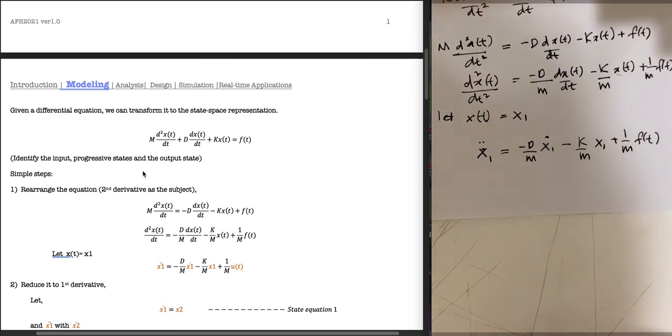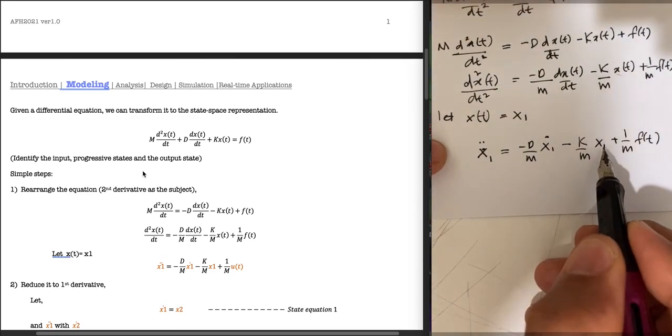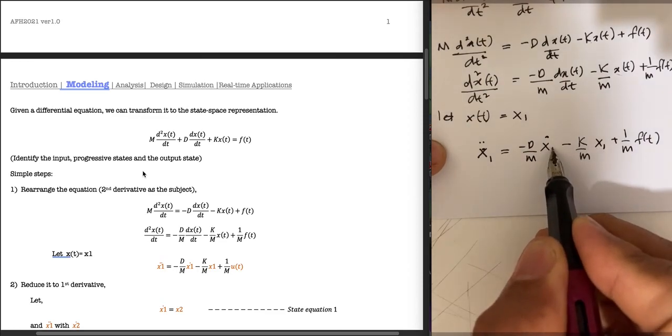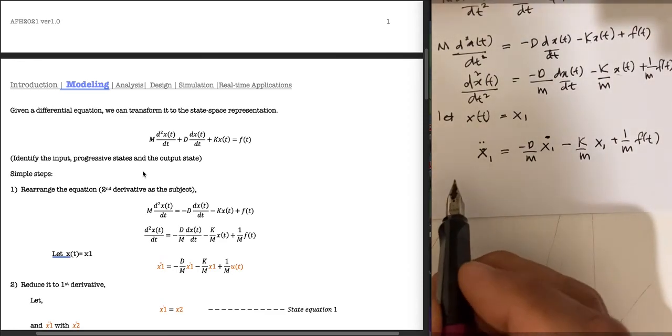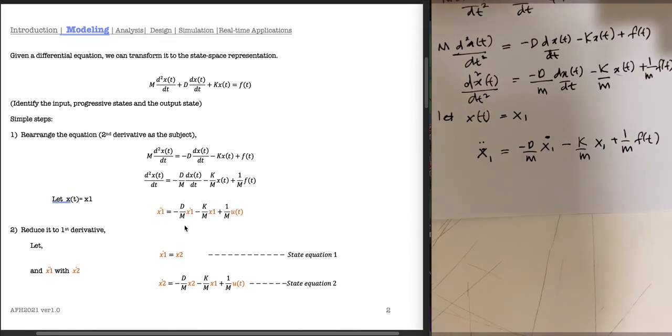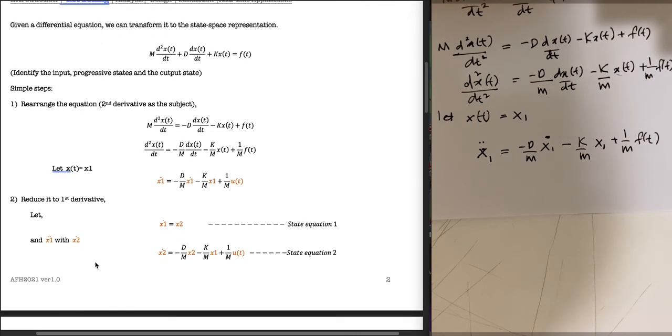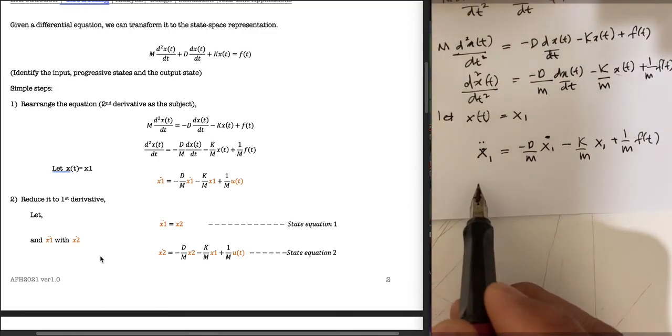You can see there is still a second derivative, so we have to reduce it to a first derivative.